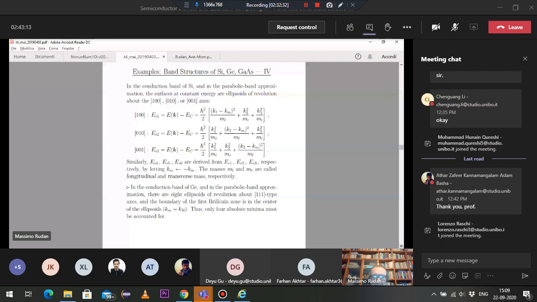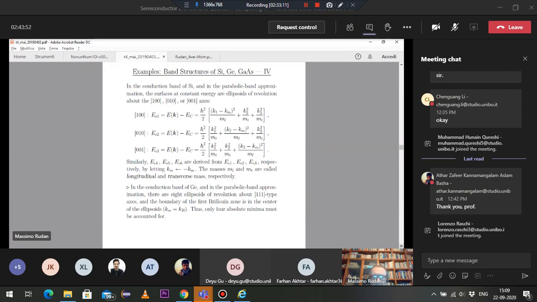It happens to be given by that equation, h bar squared over 2. And then we have an expression that is quadratic in K, in which along the first direction we have K1 minus Km, because you remember the minimum is placed at Km, 0, 0. And this is divided by ML. ML is a value of the effective mass that is the inverse of the second derivative with respect to K1.